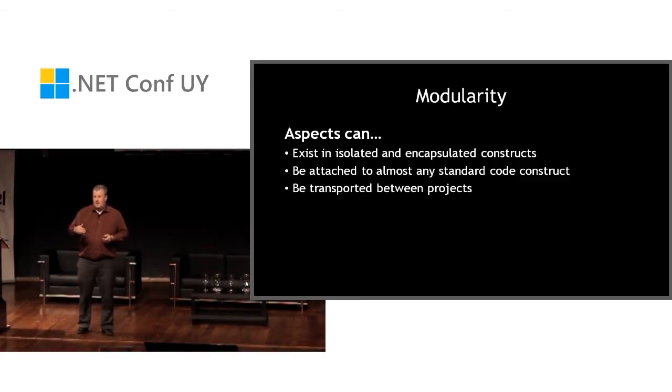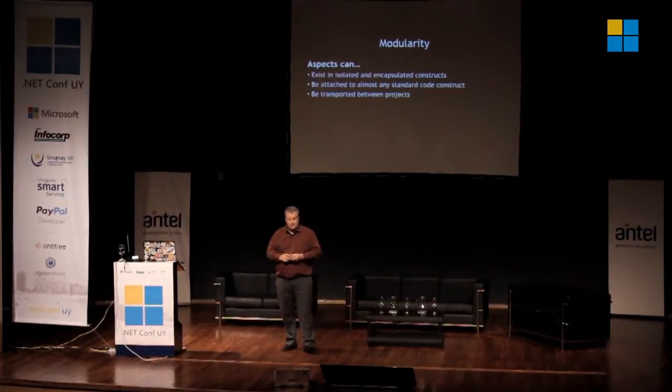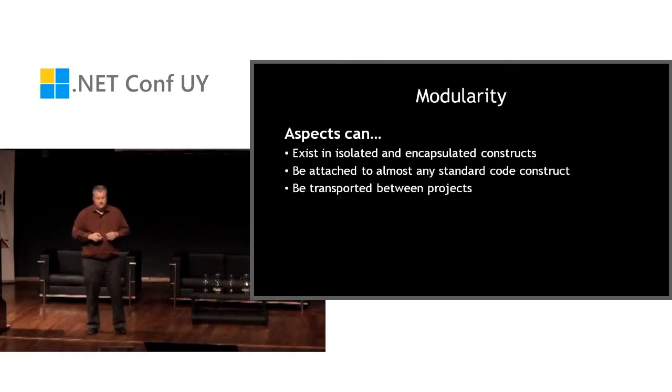Your initial goal writing aspects is make it work for whatever project I'm working on now, and then the next project you take that same idea, refine it a bit, and then maybe on the third project you've got something that you can just drop in. But they should be that modular and that well encapsulated that you can take them and drop them project to project. And we'll see a little bit of that when we start talking about one of the platforms in .NET, how they've managed to do that with the tool and what types of droppable aspects it has.